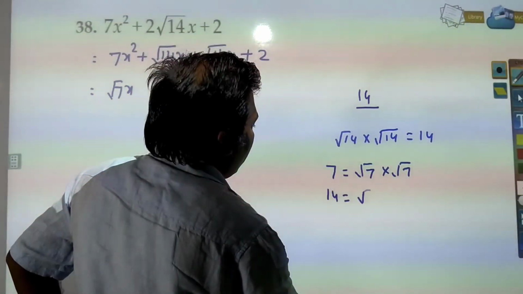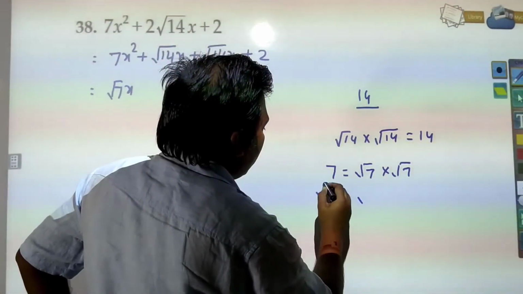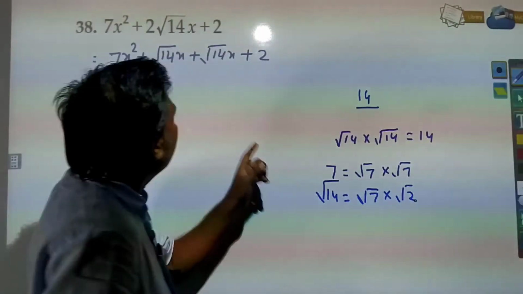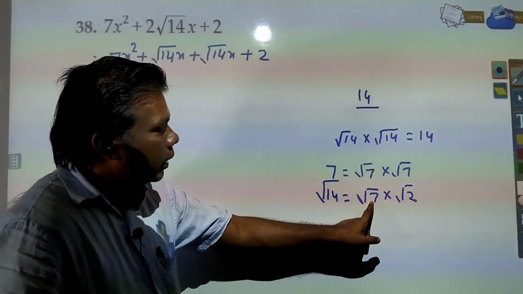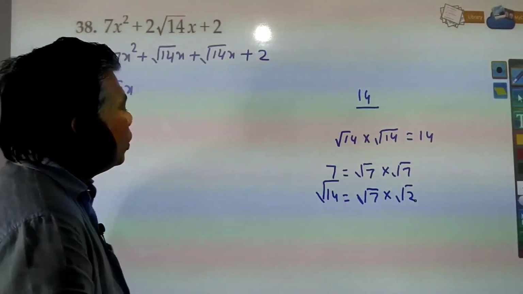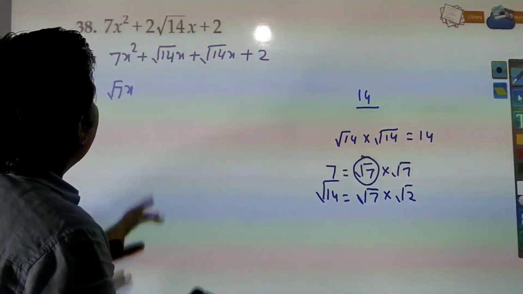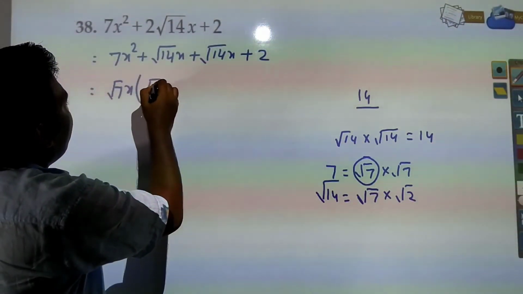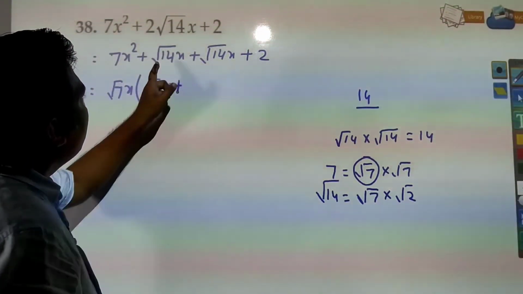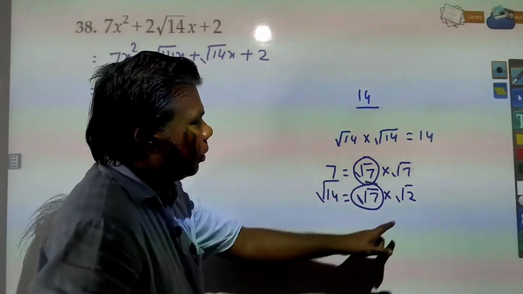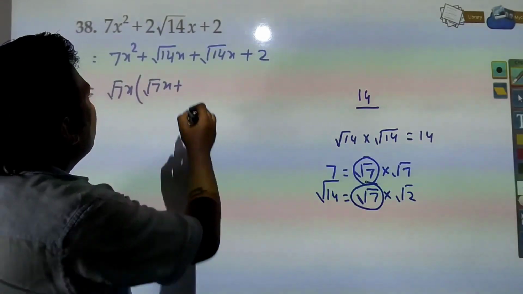Root 14 can be written as root 7 into root 2. So here root 7 we have taken out. So you will be left with root 7x plus, from root 14 we have taken out root 7, so you will be left with root 2.